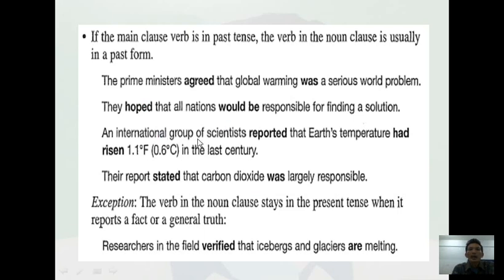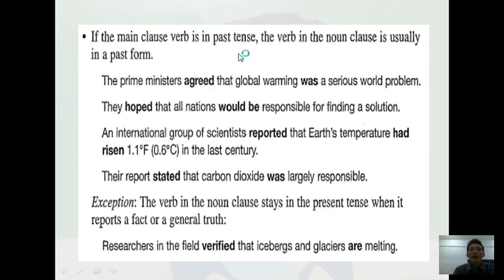And an international group of scientists reported that the temperature had risen 1.1 degrees Fahrenheit or 0.6 degrees Celsius in the last century. Remember here, the verb in the noun clause stays in the present tense when it reports a fact or general truth.